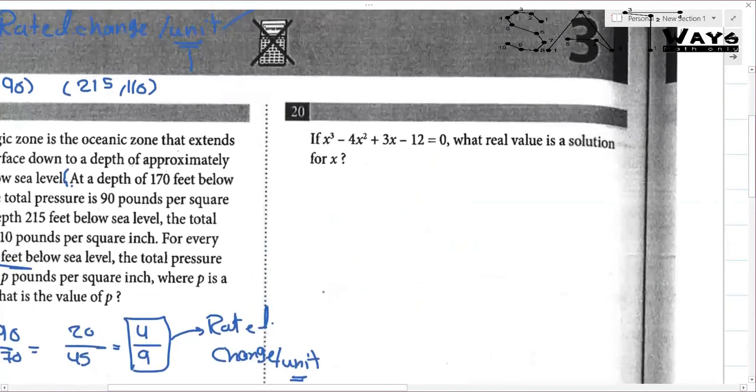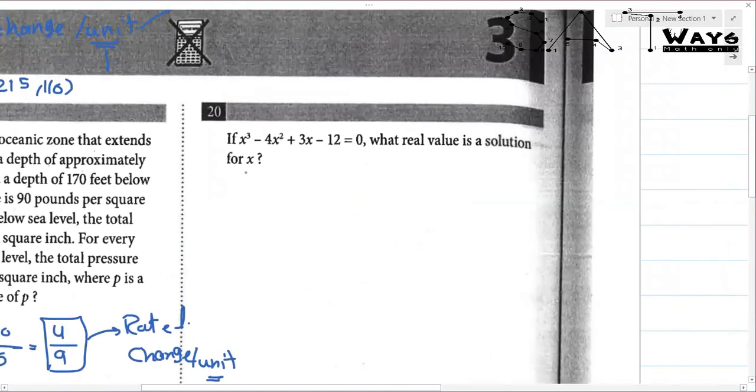All right, number 20. What is the value of X? Okay, when we have a question like this, we are thinking about the common factor. We're gonna take a common factor between these two terms. So the greatest common factor between these two terms is x squared. So when we take x squared from x to the power 3, it's going to be x, and here it's going to be 4. And then we are moving to the other two terms.